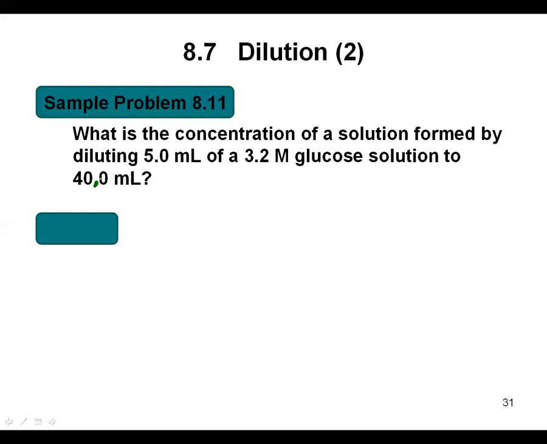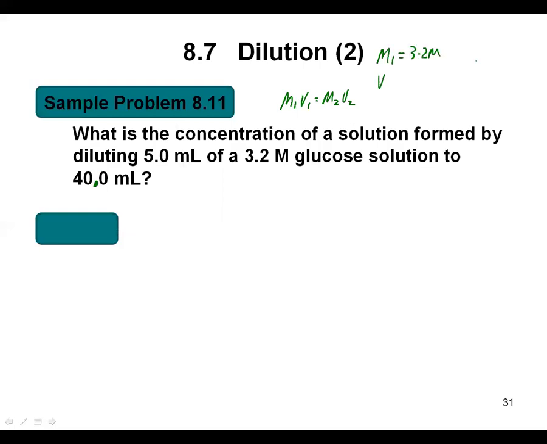Okay, so let's take a look here. So again, this is a dilution type problem. We're diluting it down, so we are going to use M1V1 equals M2V2. And again, you could kind of go in order, the most concentrated one first. So our M1 here would be 3.2 molar.